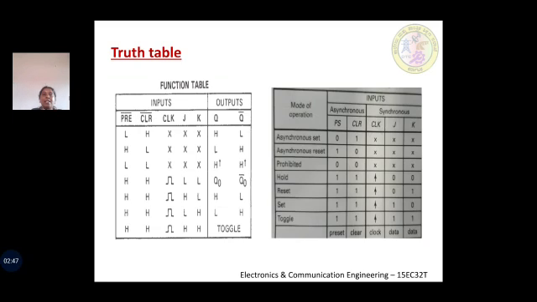So first case, when preset is low and clear is high, that is preset is in 0 value and CLR, that is clear, is in high value, that is 1. So irrelevant of the inputs, clock, J and K, that is irrelevant means they may be 0 or 1, don't care condition. What happens to the output? When preset is low and clear is high, we get Q is equal to 1, that is 1 state, and Q bar is equal to low, that is 0 state.